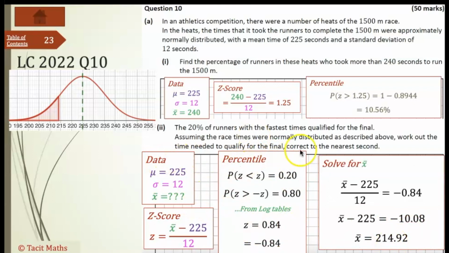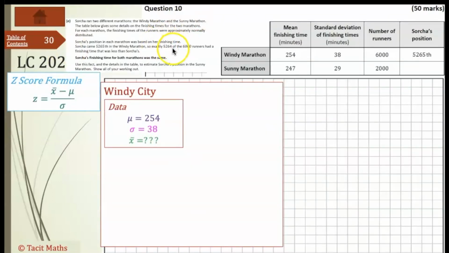That's a standard enough type of question: the basic type where you have the data, z-score, percentile, or the more advanced one where you have the percentile and work backwards. But if you look at part E again, you'll notice we're actually not given a percentile. There's no percentile mentioned in here, so we have to figure out the percentile.